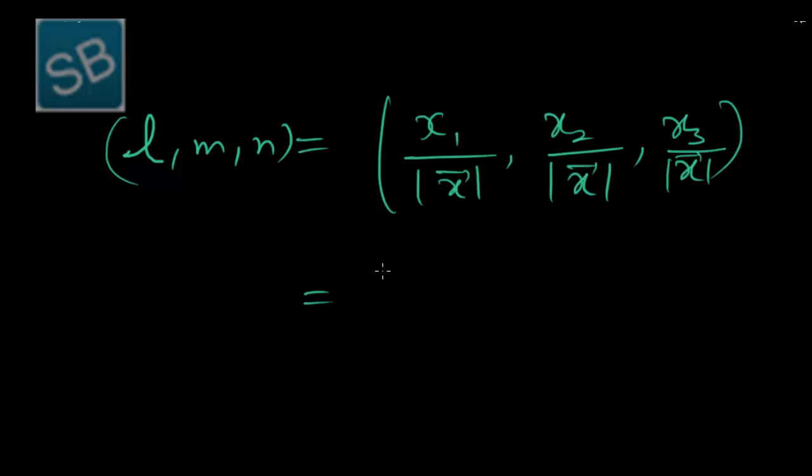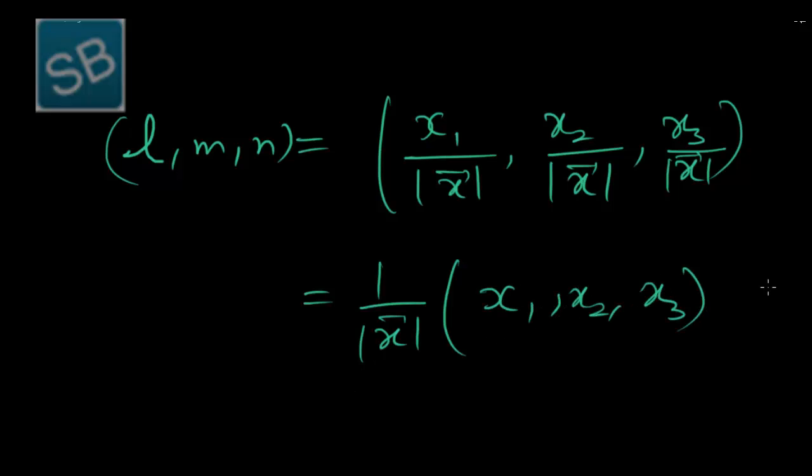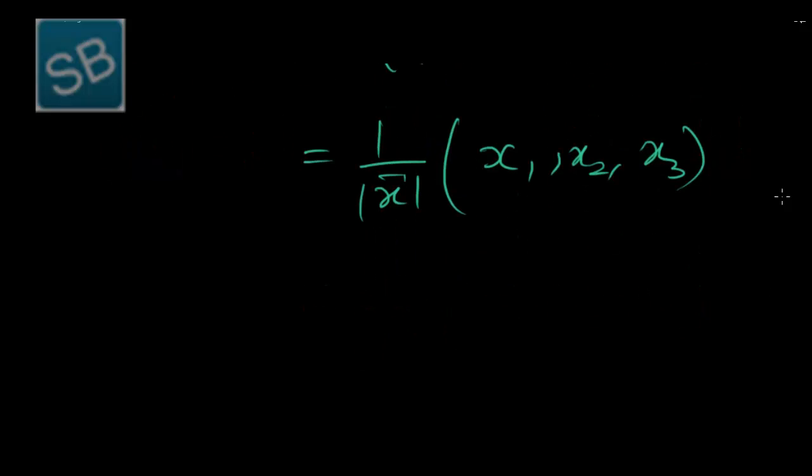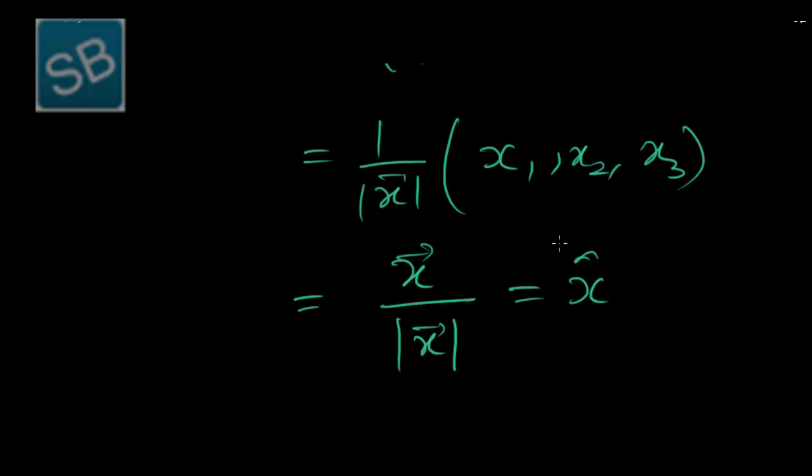Or we can say that as the magnitude is a constant, we take it outside as a common factor and we get x1, x2, x3, that represents vector x. So it becomes vector x over magnitude x, that is the unit vector x. So l, m, n gives the direction of unit vector x.